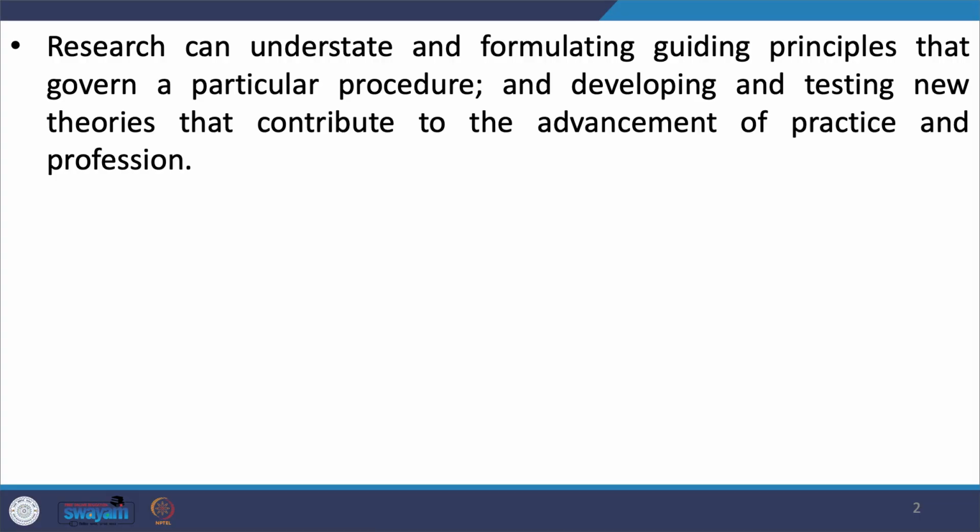Research is more than a set of skills for examining critically the various aspects of our day-to-day work. It can understand and formulate guiding principles that govern a particular procedure, and develop and test new theories that contribute to the advancement of practice and profession.